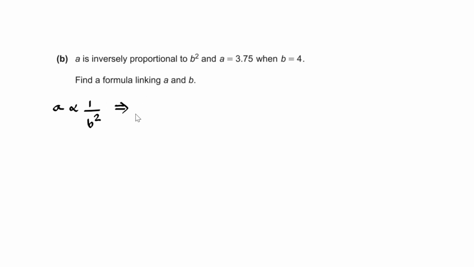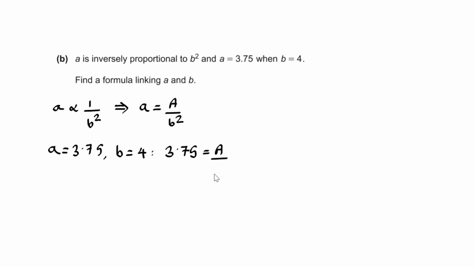Well, from here, you can see a equals some constant k over b squared, and when a equals 3.75, b is equal to 4. So we've got 3.75 equals k over 4 squared, and therefore k is equal to 3.75 times 4 squared.